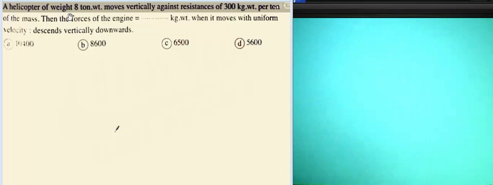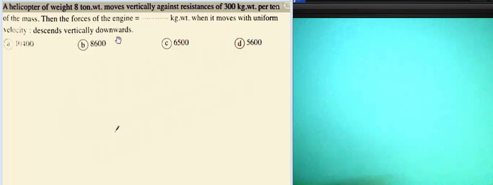A helicopter of weight 8 ton weight moves vertically against a resistance of 300 kilogram weight per ton of the mass. Then the force of the engine equals how many kilogram weight when it moves with uniform velocity to a distance, or descends vertically downwards?